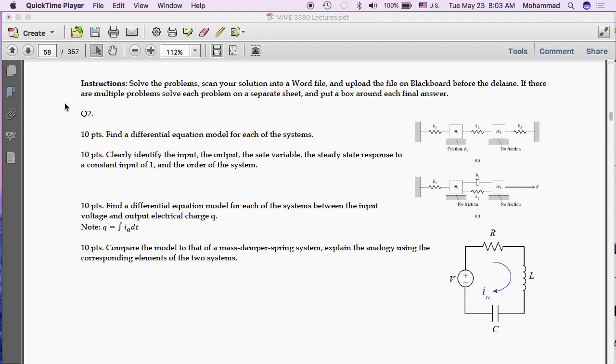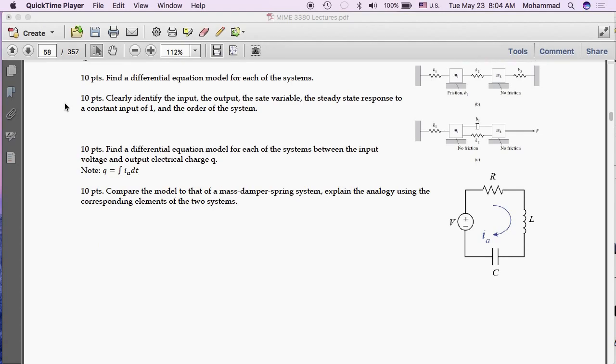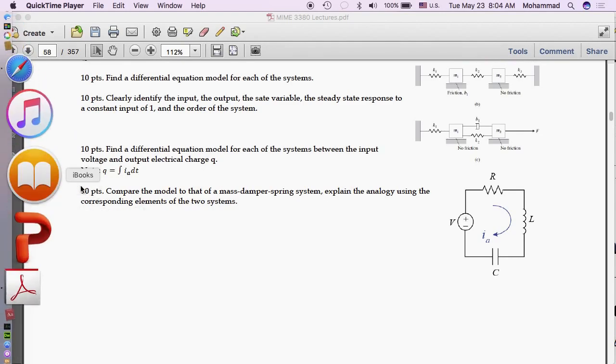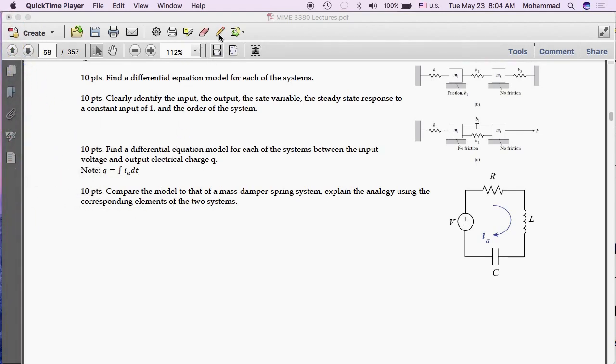So if you write Kirchhoff's law for this, so what do you have? You have V, this is a closed circuit, you have V minus I_A R minus, what is the equation for the inductor? What do I need to write here for the inductor?